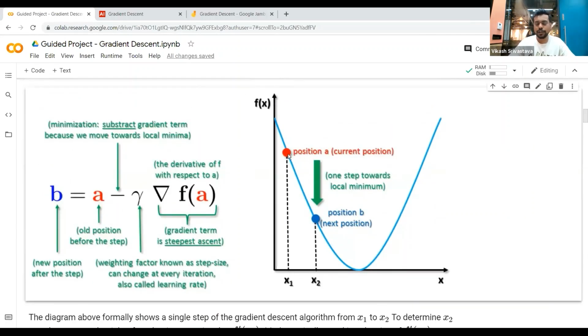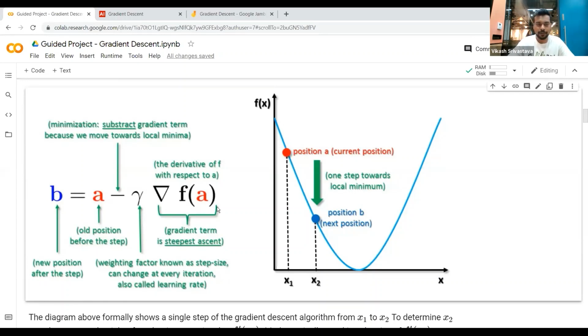What you need to do is start at this particular position a, which is, let's say, your starting point. The starting point could be anything, right? So we pick a random point where we'll initialize. Then we'll calculate the derivative or the gradient at this particular point.